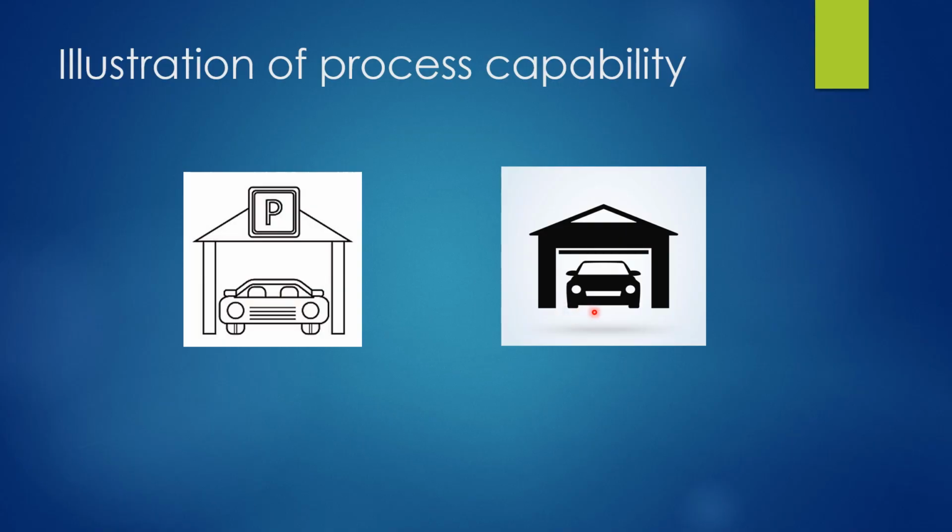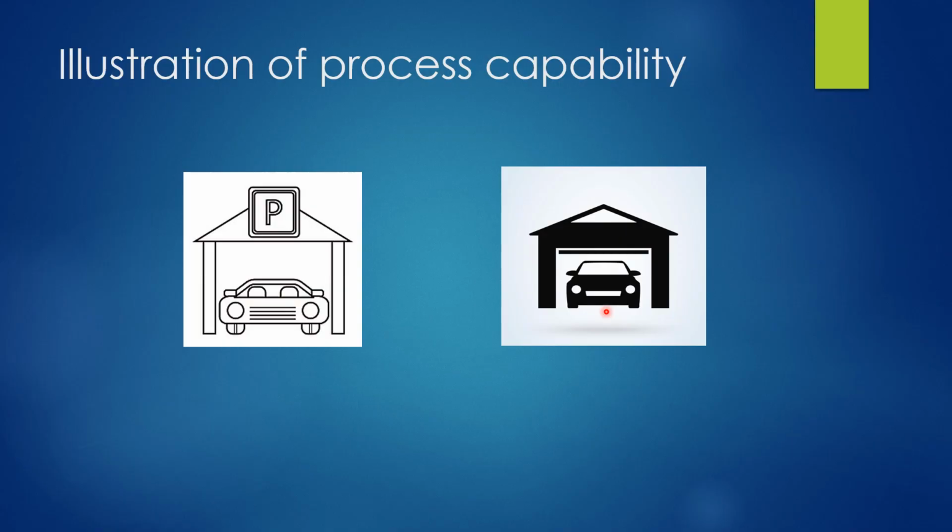When it is positioned in the center, we can see there is a lot of space on either side, and there will not be a chance to hit either side of the garage, as it is positioned in the center.